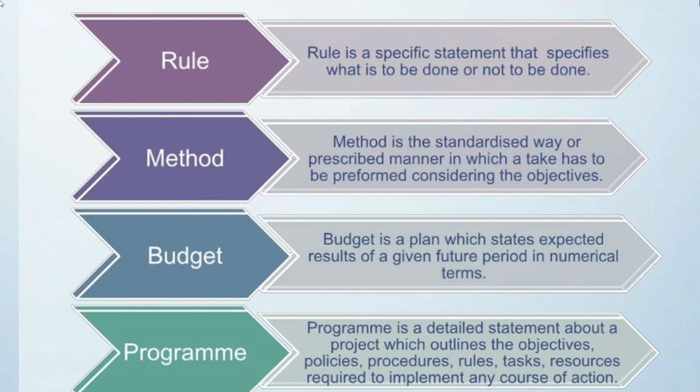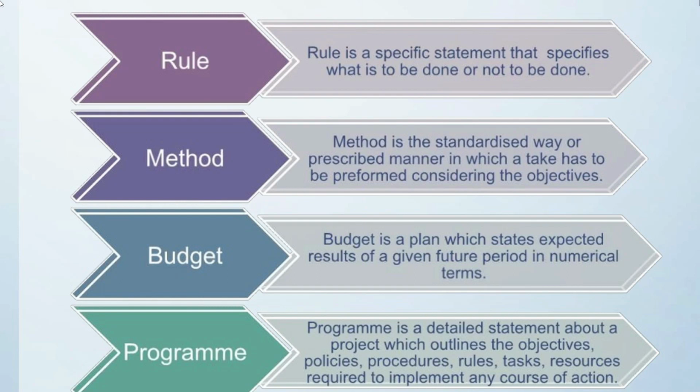In budgets, the results are always measurable and most of the time they are financial in nature. But it does not mean the company only prepares financial budgets. They also prepare operational budgets.